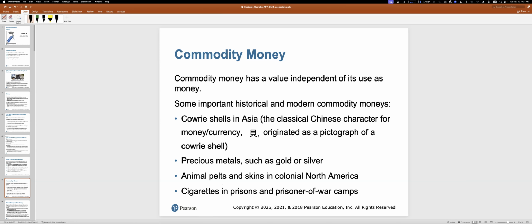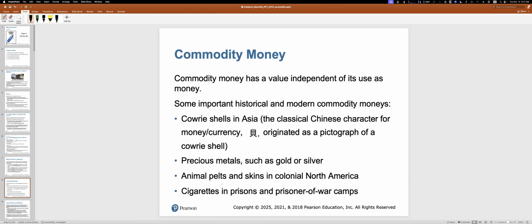In prisons today, where people can't even smoke, the things that become money are postage stamps and, what do you call it? Cell phone minutes, like time cards, right? Like cell phone usage cards, which makes sense, right?